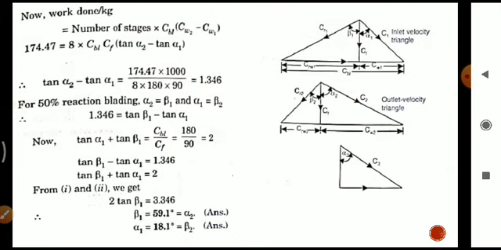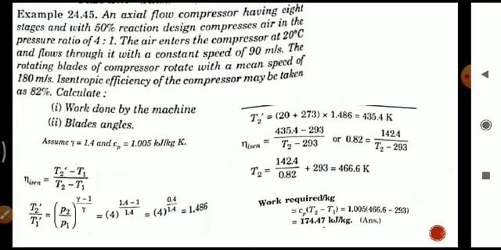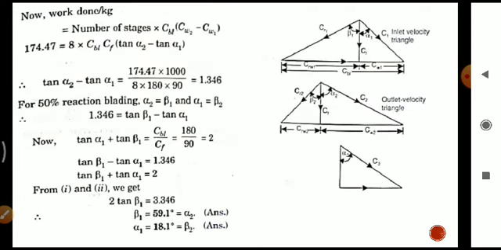We replace Cw in terms of Cf and tan alpha. So we get the equation tan alpha 2 minus tan alpha 1 is 1.346, because blade velocity is given as 180 and flow velocity is given as 90 meters per second. Substituting that value, we get tan alpha 2 minus tan alpha 1 equal to 1.346.